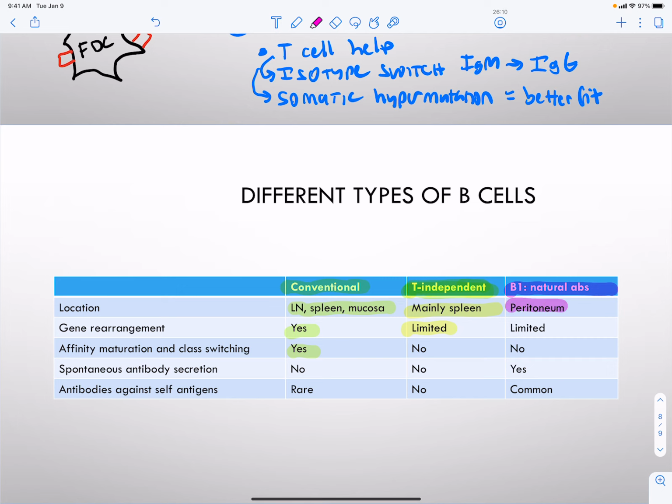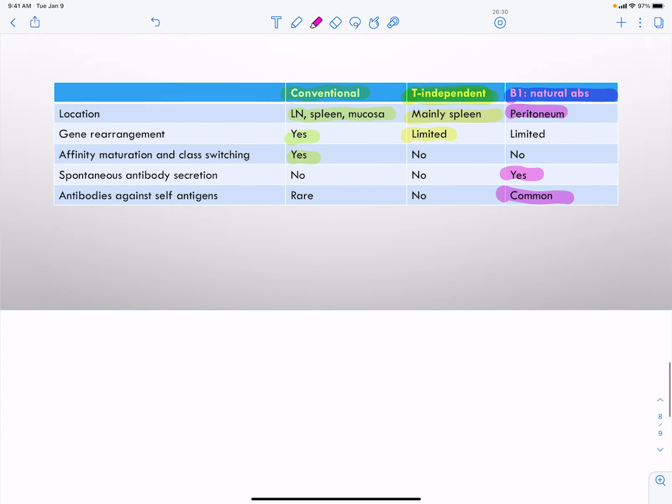The peritoneal cavity is where they are. And again, they have limited gene rearrangement, and they can spontaneously secrete antibodies, and they tend to be those that are more commonly associated with self-reactive antibodies. And that is the end of this lecture.